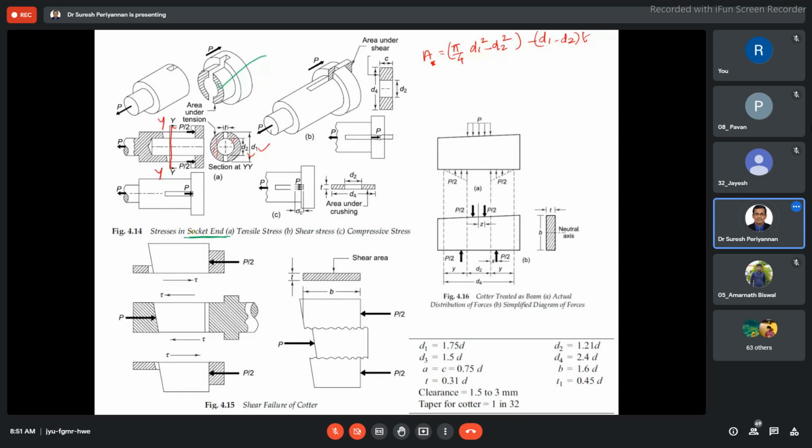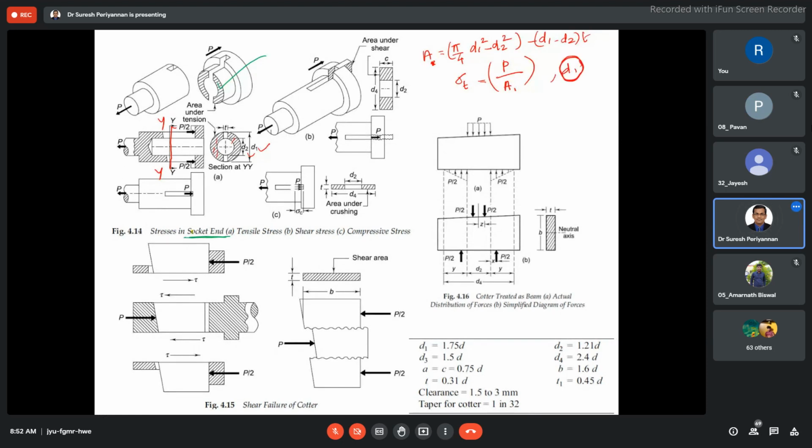It is a tensile force, as I told you in the heading, tensile failure of the socket. Again sigma T is the permissible value, equal to P by this A dash, not A1. From this equation, the socket diameter D1 can be determined.